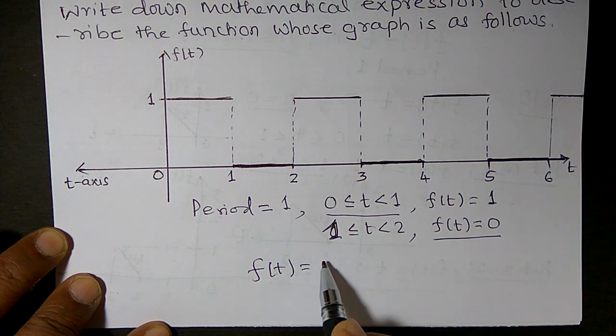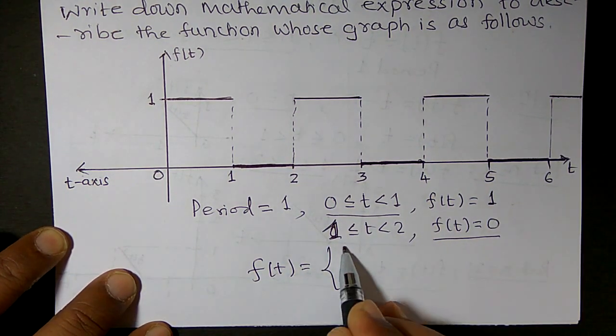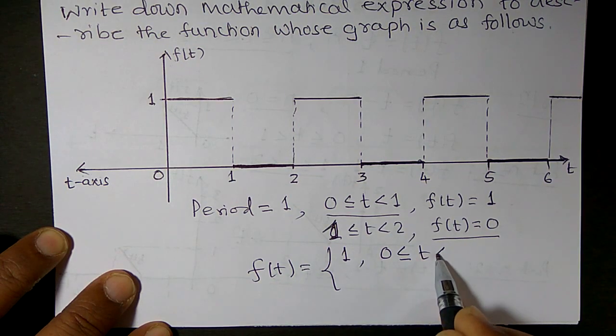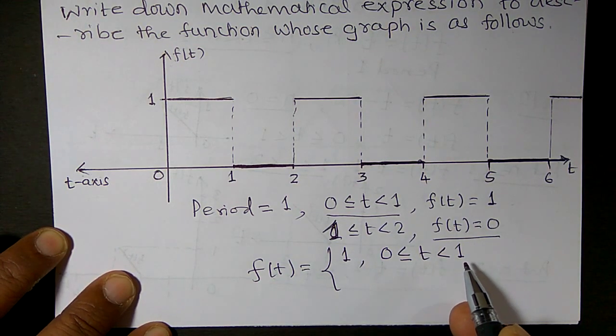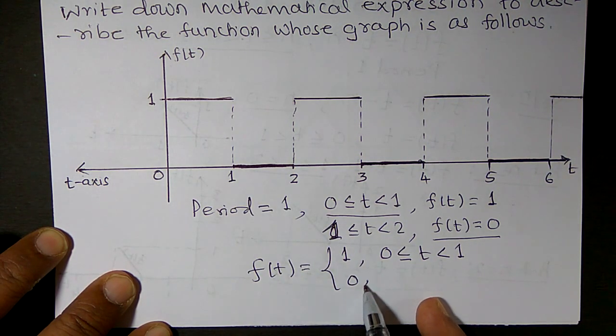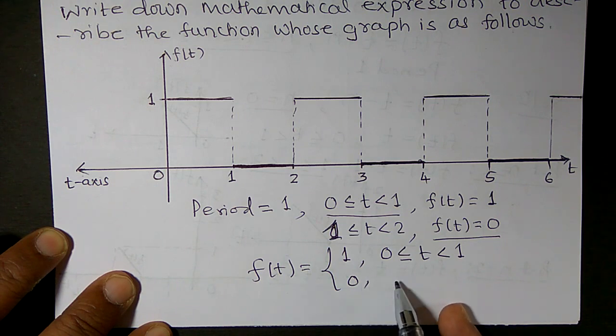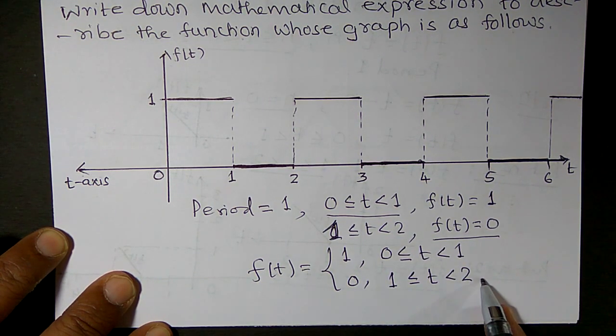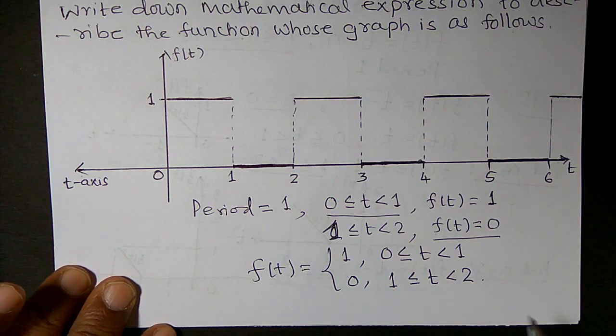So f of t is equal to 1 for the interval 0 less than or equal to t strictly less than 1. Then you get 0 for the interval 1 is less than or equal to t is strictly less than 2.